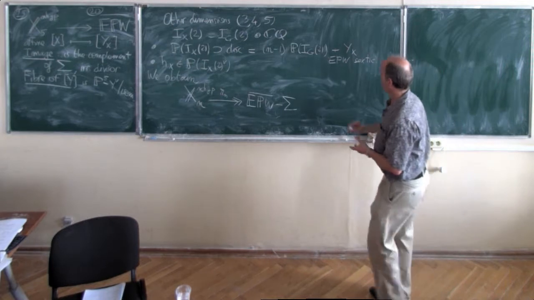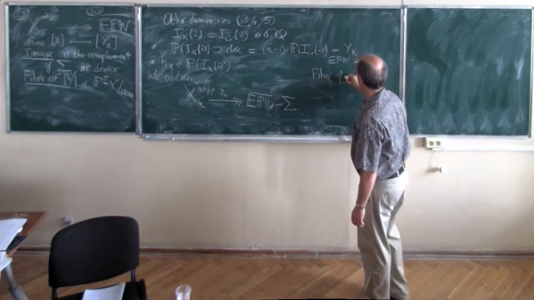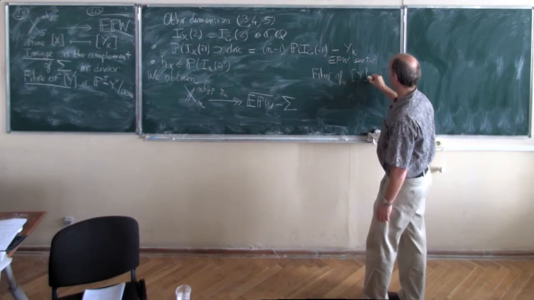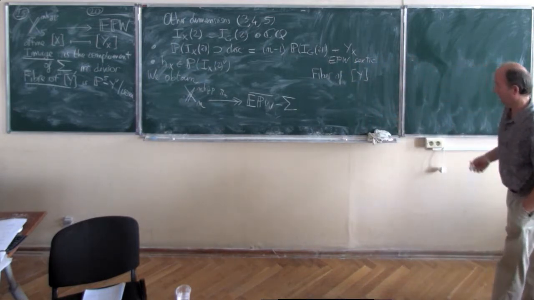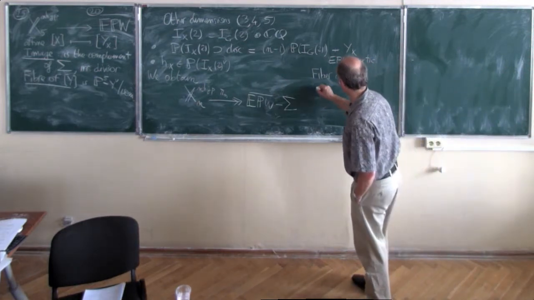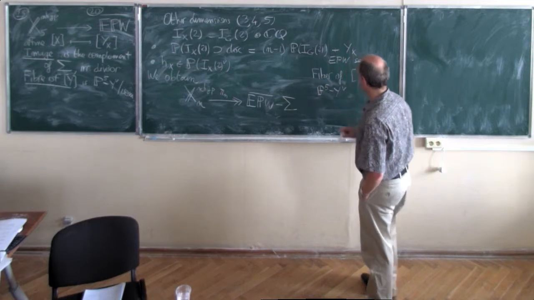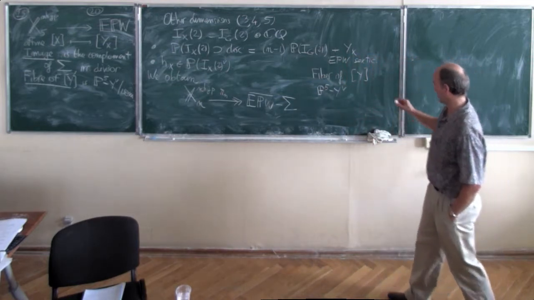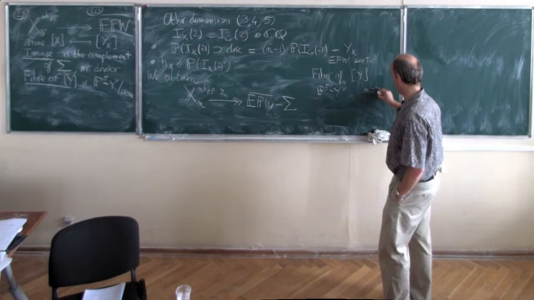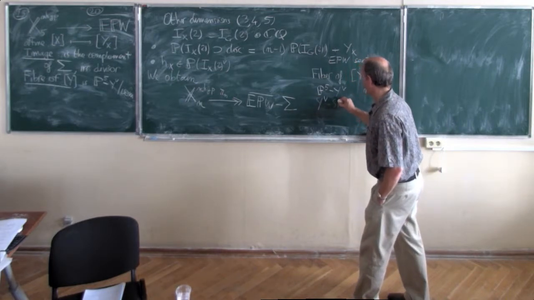So the fiber of the point, which is the isomorphism class of EPW60 in here, is equal to, as we saw here, P5 minus the dual EPW60. That's when N is equal to 5. Like this.